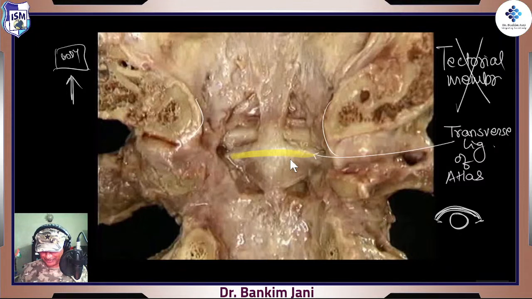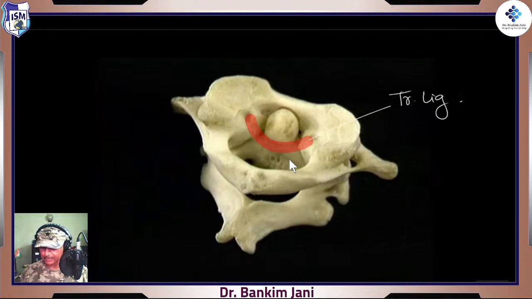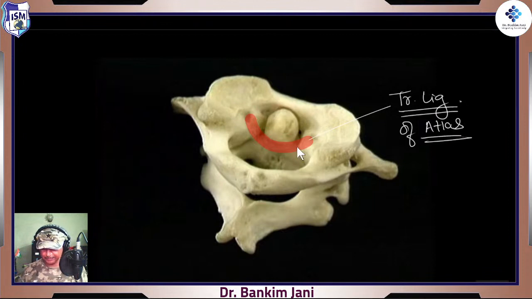They are all foramens, don't worry about it. So this is anterior. This is the transverse ligament of atlas. Now we are adding something extra to that.